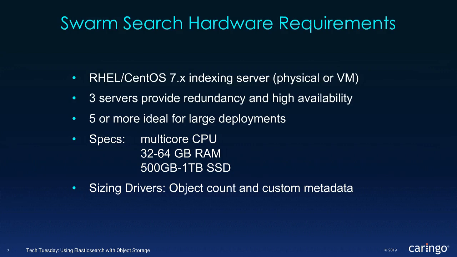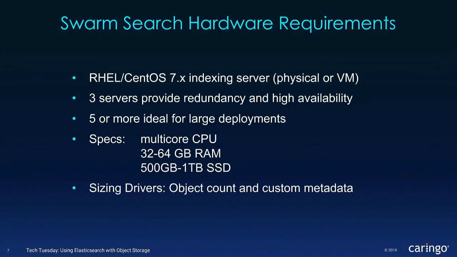In general, we recommend that you have 3 servers to provide full redundancy and high availability for the Elasticsearch farm. 5 is ideal, especially for large deployments where you're going to be storing a very large number of objects. Each of those servers typically has a multi-core CPU; usually 4 cores per server is a good starting point.